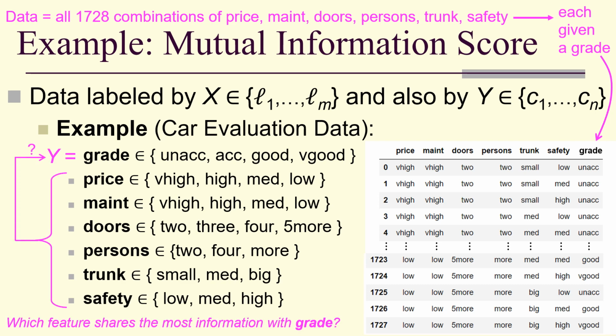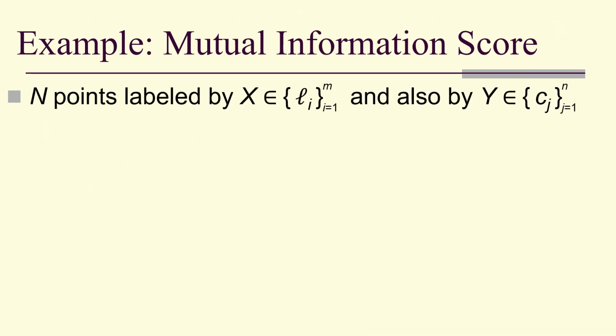Which features share the most information with the grade? Well, in order to do this example, let's take our concept of mutual information and make it a mutual information score.